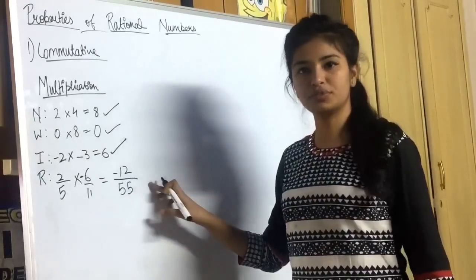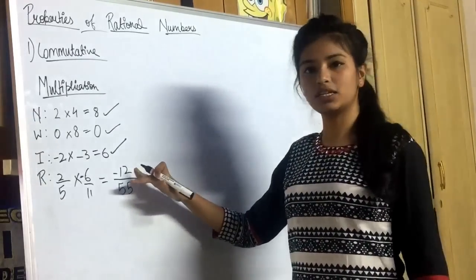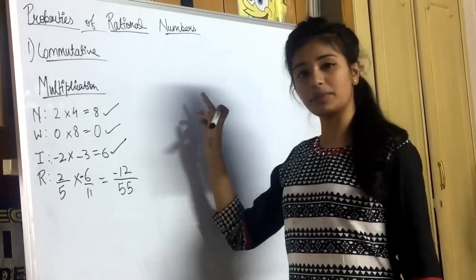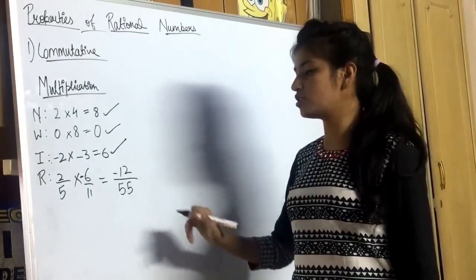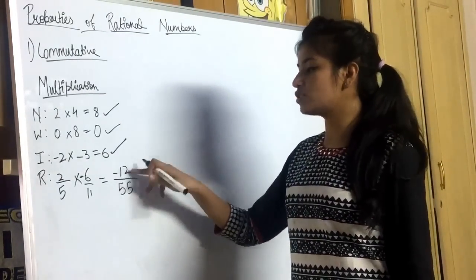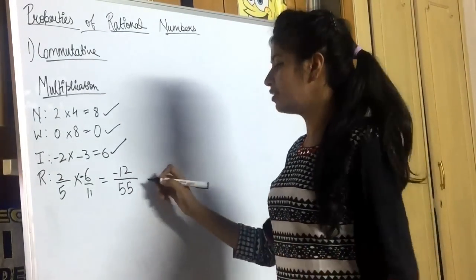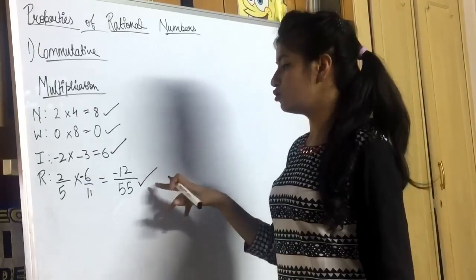Is this a rational number? See, P can be any integer, so P is any integer, satisfying the main condition. 55 is not equal to 0, Q is not equal to 0. This is satisfied. Minus 12 by 55 is a rational number and commutative laws hold true.